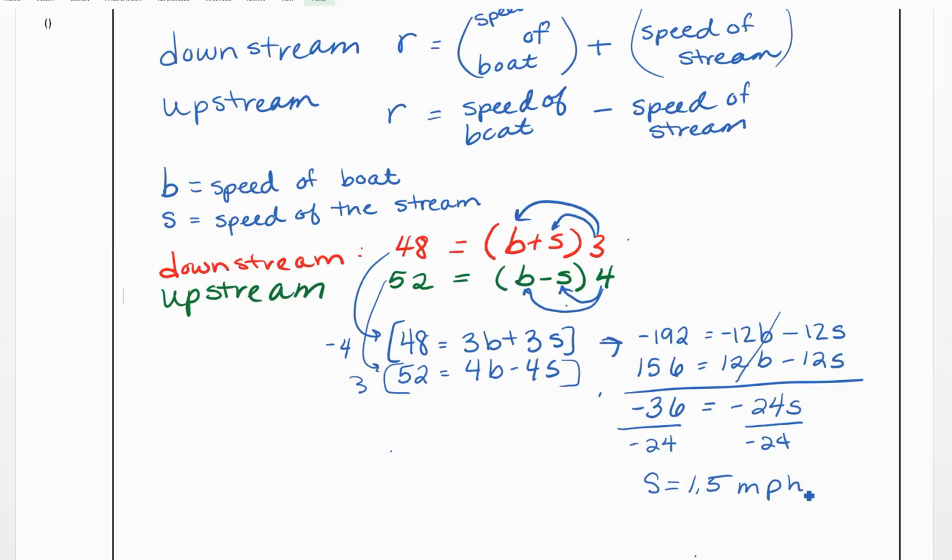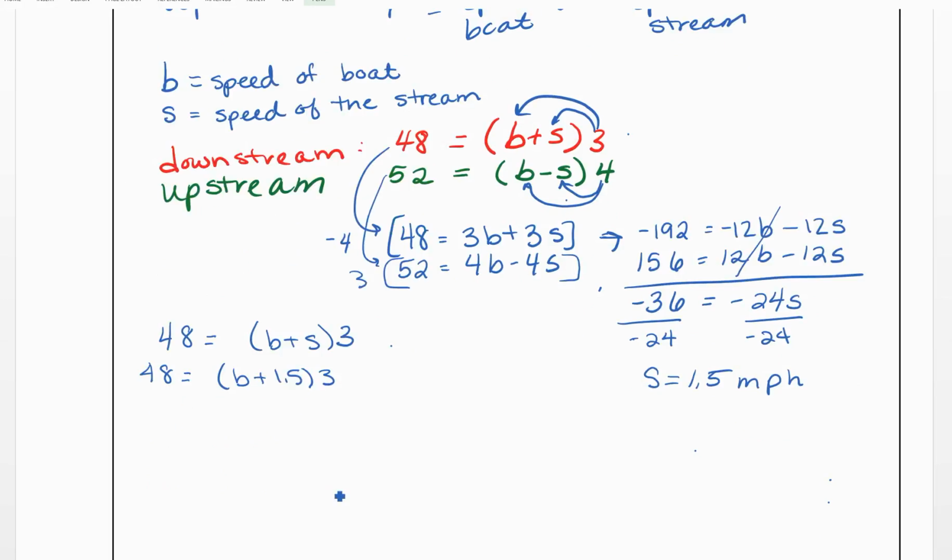Now we need to find the speed of the boat. So we can use either of the equations. Let's use our first equation. 48 equals b plus s times 3. So 48 equals b plus 1.5 times 3. So I'll distribute that 3. 48 equals 3b plus 4.5.